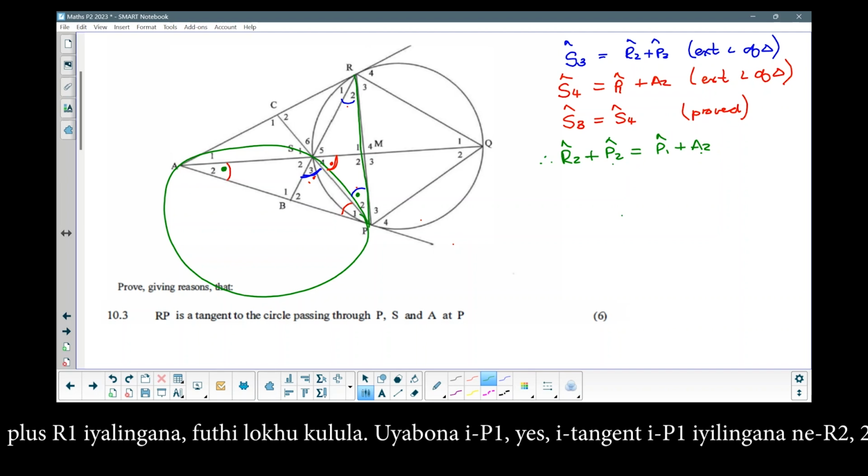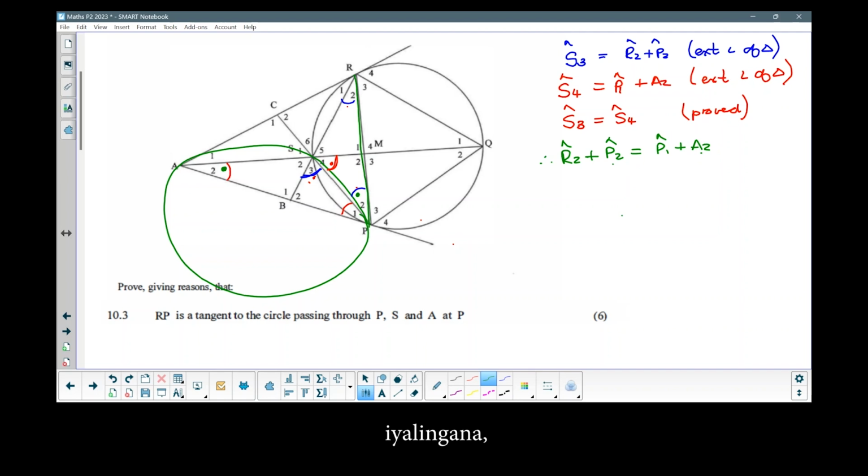In order to do that, we now need to show that R2 and P1 are equal. And that's easy. You see P1? There's your tangent. P1 is equal to R2, tan chord theorem. So R2 is equal to P1, tan chord theorem.